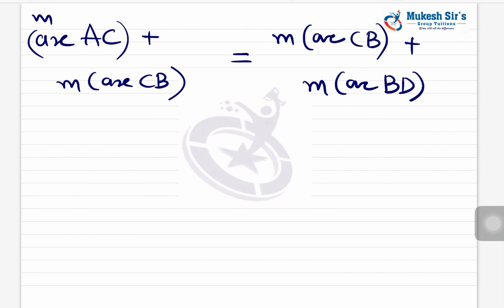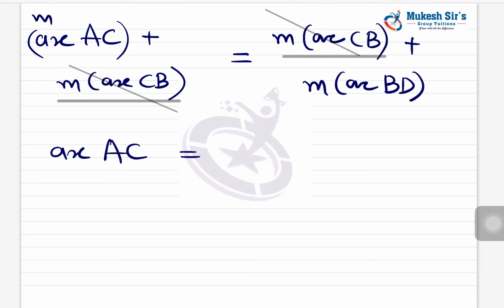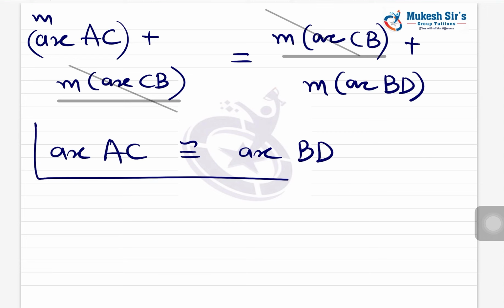Now in both the sides here you can see CB and CB are same, so you can eliminate CB or you can cancel CB. So this two gets cancelled or gets eliminated, and what you have is arc AC is equal to arc BD. So इनका measure equal है तो arcs are congruent. Henceforth.